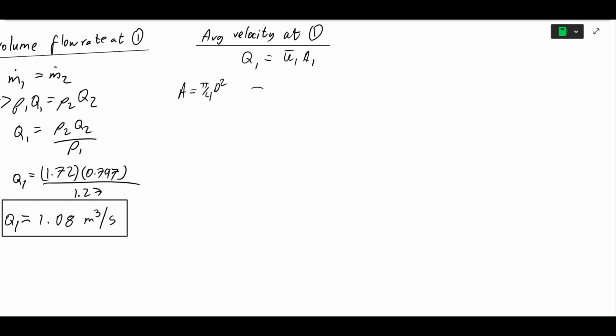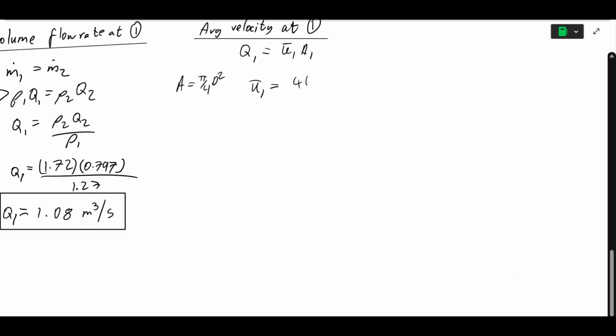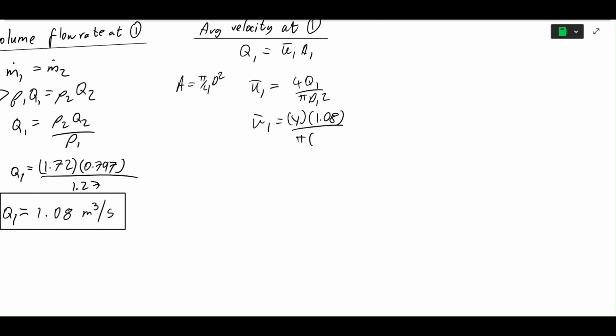So rearrange algebraically. This is very simple. Q1 over just Q1. Whoa, what's my pen doing? So 4Q1 over pi d1 squared, so U1 is equal to 4 times 1.08 over pi times 0.3 squared.